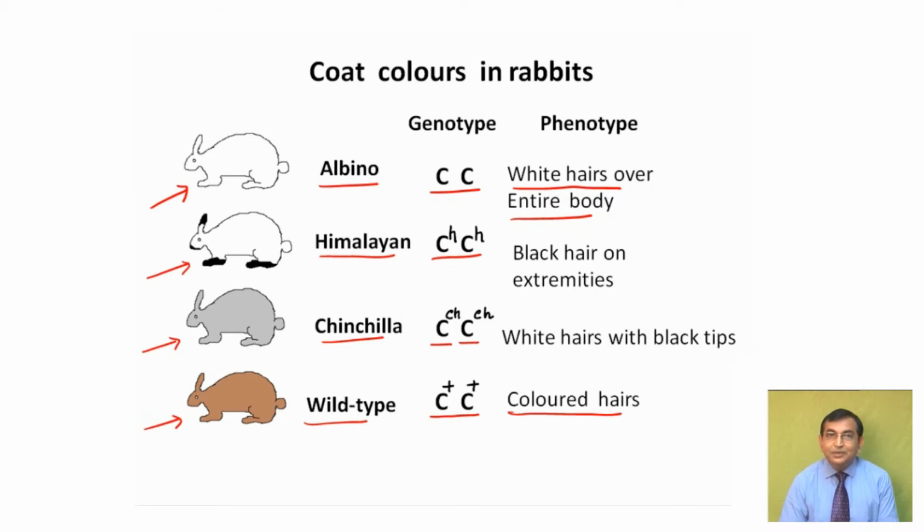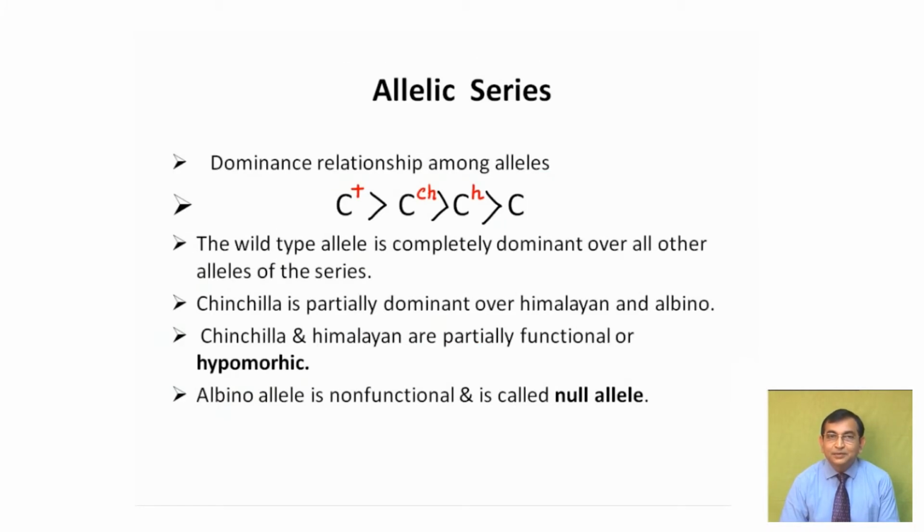Now, here the coat color gene has 4 alleles. The dominance relationship of this coat color gene is termed as allelic series. The dominance relationship among the alleles is as follows. The wild type allele, that is C plus, is completely dominant over all other alleles of the series, that is ch, then cch and c.